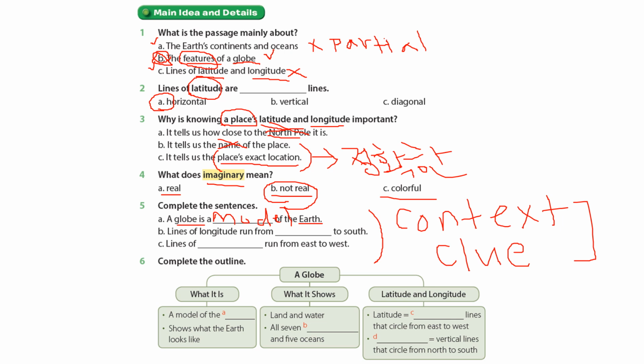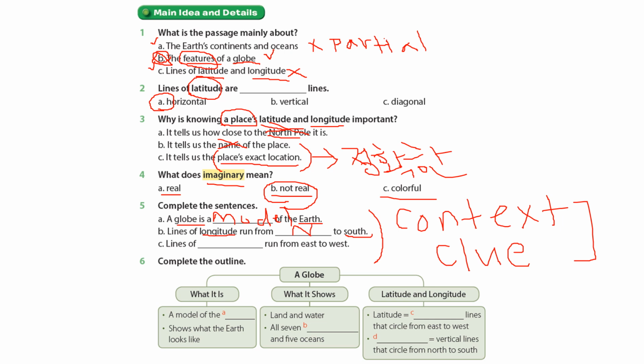So what about B? Lines of longitude run from blank to south. So what do you think is a context clue here? We have longitude. So do you remember long means vertical, 수직에. 그러면 we gotta run from north to south, right?